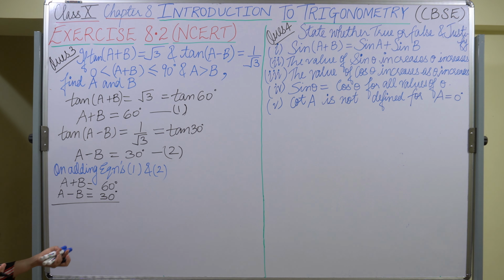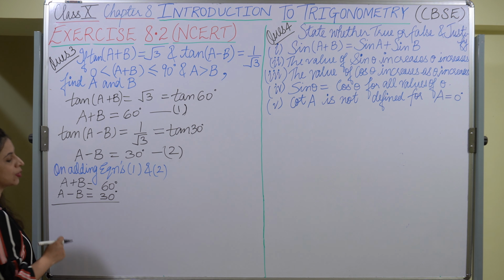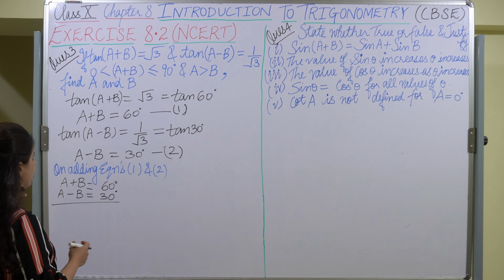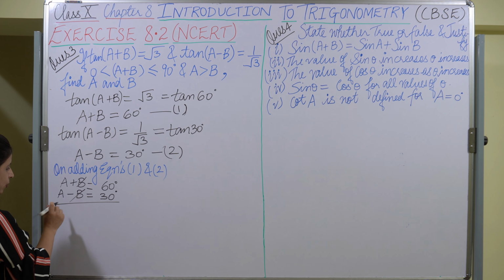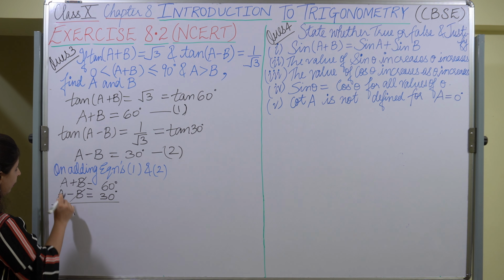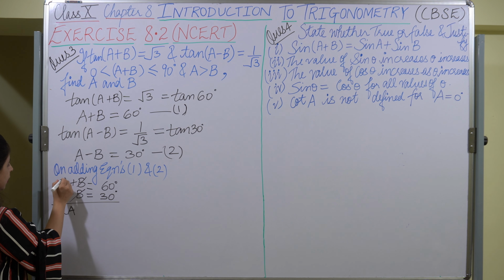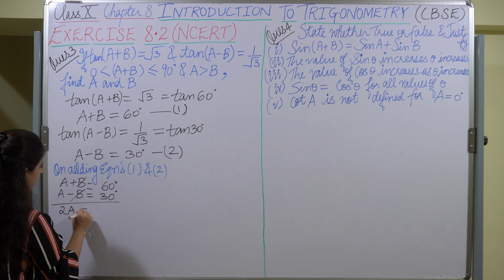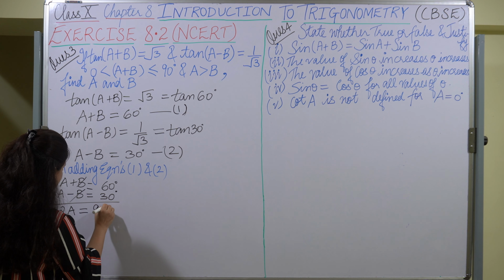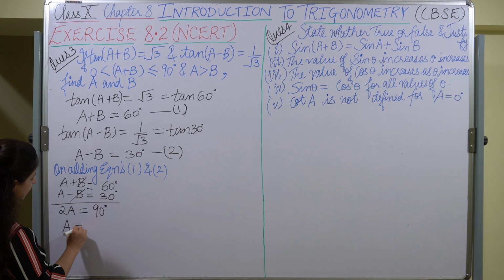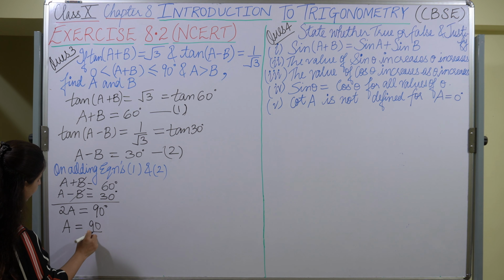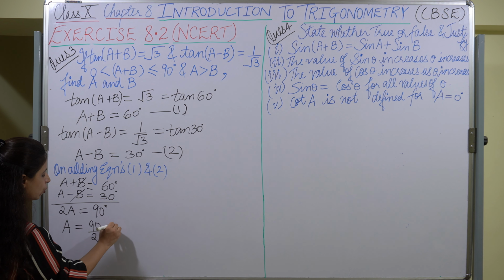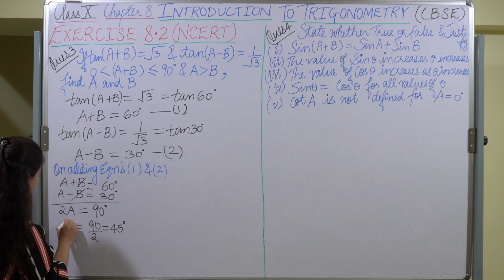You can solve by any method for simultaneous equations. Adding, the B terms get cancelled out and I am left with 2A, which is equal to 90 degrees. So the value of A comes out to be 90 by 2, which is equal to 45 degrees.